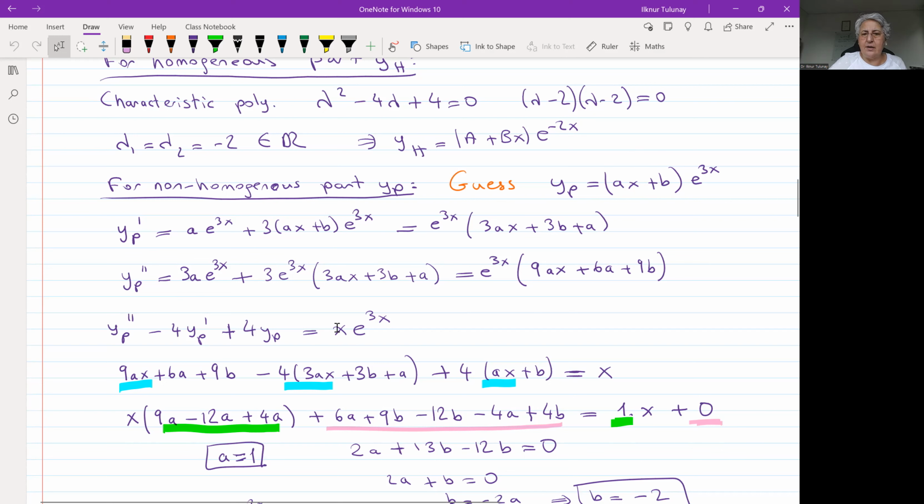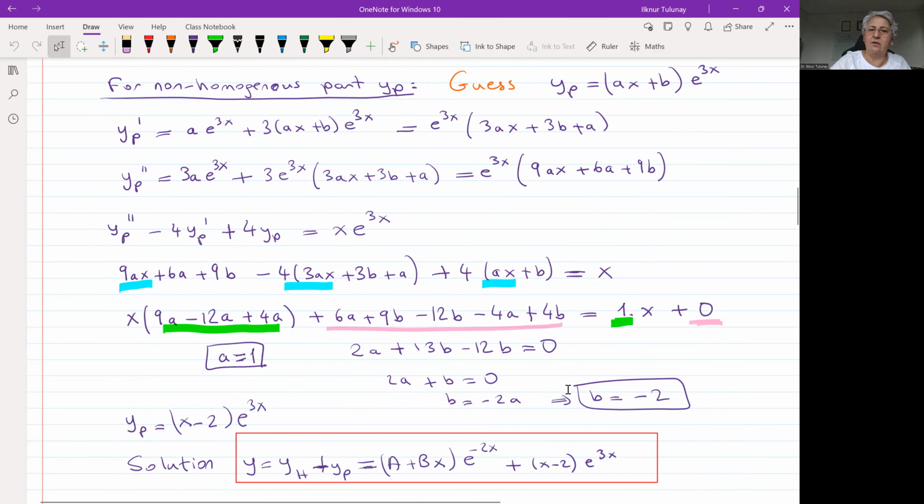On the right-hand side, I have only x. I'm not going to do anything with the right-hand side. I will organize the left-hand side and try to find a and b. The right-hand side polynomial is like 1 times x plus 0: the coefficient of x is 1 and the constant term is 0.